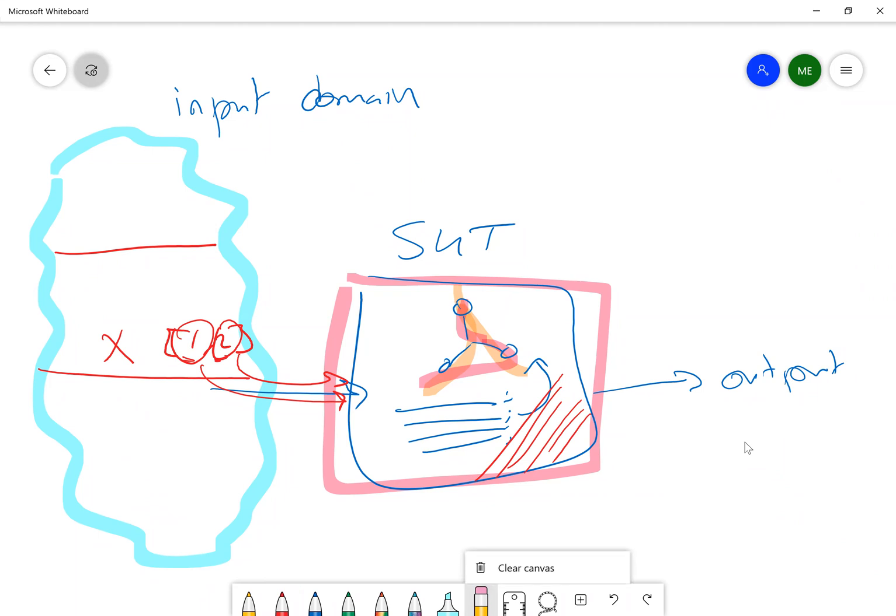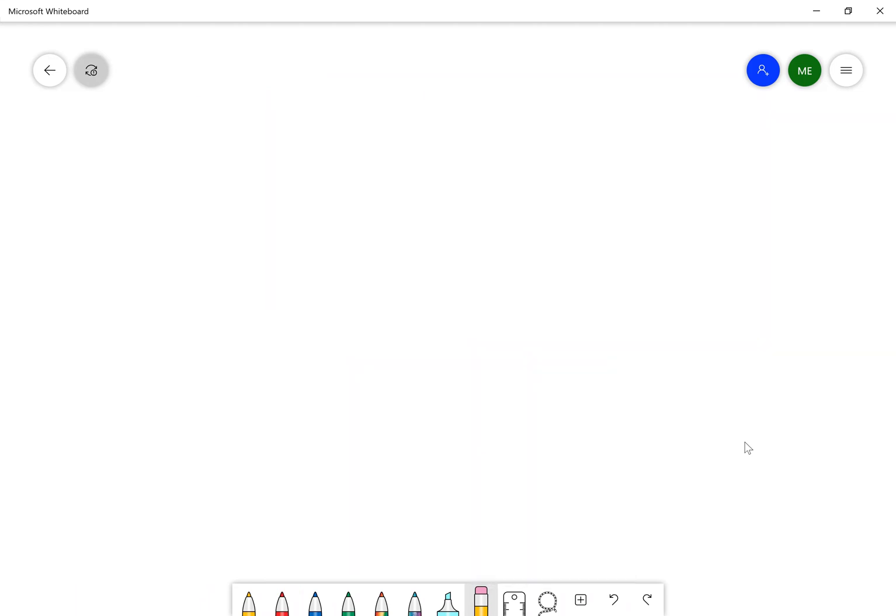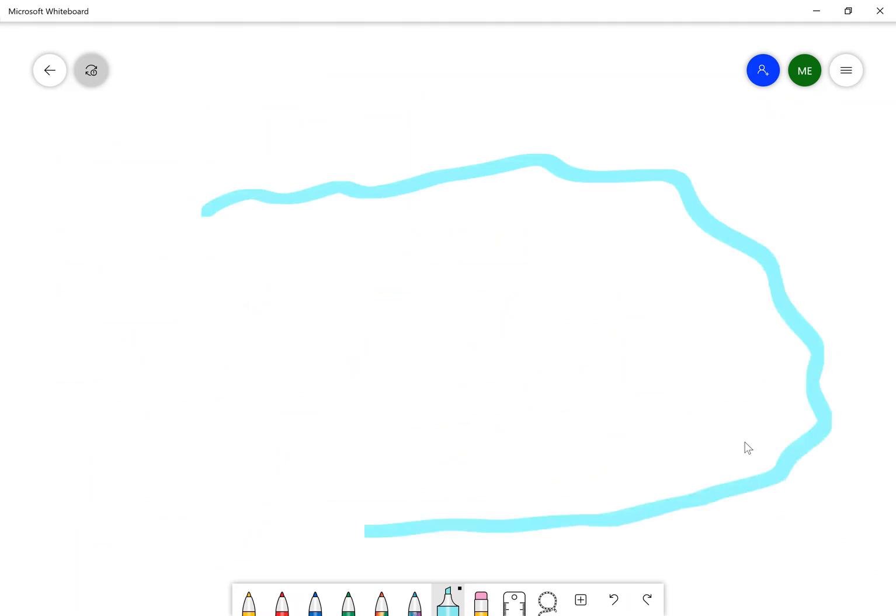But let's begin with some terminology here. So here we are, we got our input space. This is my input space. I'm going to decide that I'm going to break down the input space.